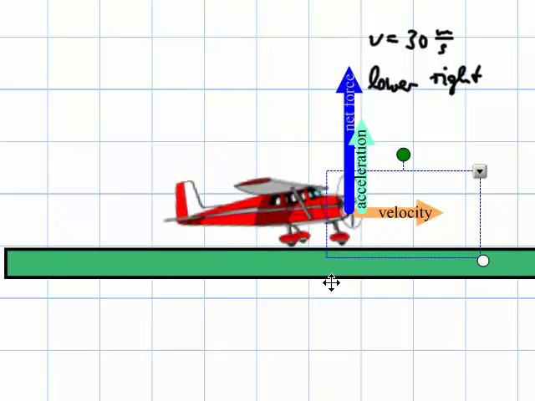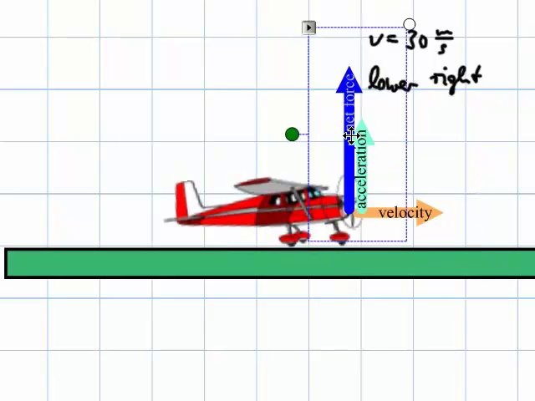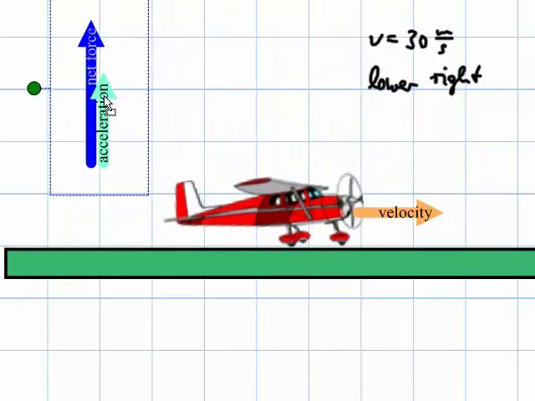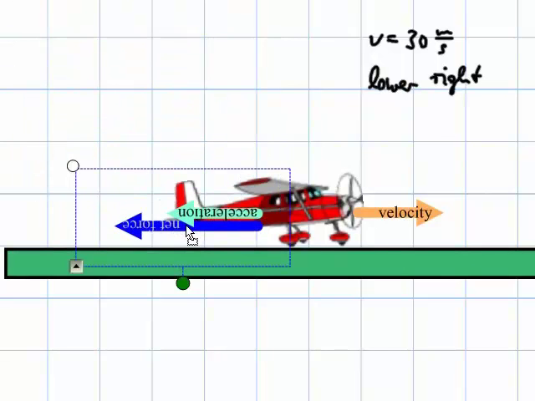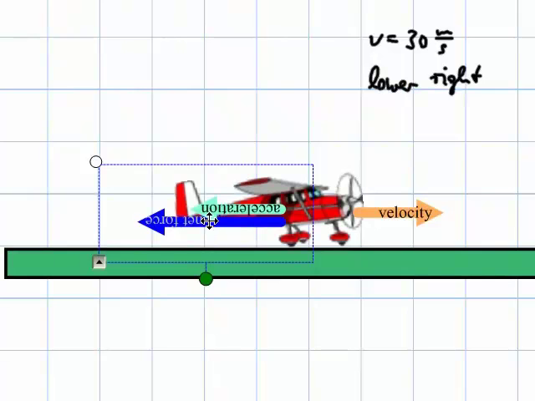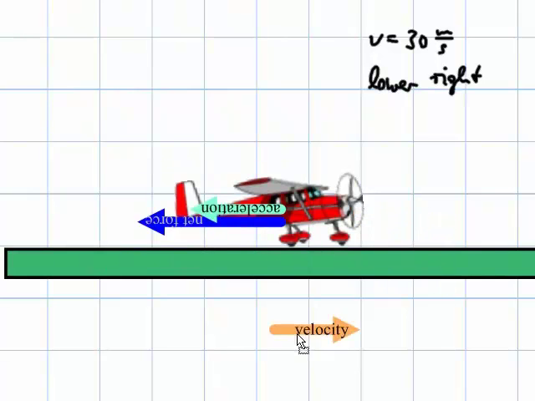Now there's the support force from the runway pushing up, and that gives a net force that points upwards. Now of course she is slowing down on the runway, so she needs a net force to point to the left. So she increases the drag on the airplane, and that decreases the velocity then, at some point, to 0 meters per second.